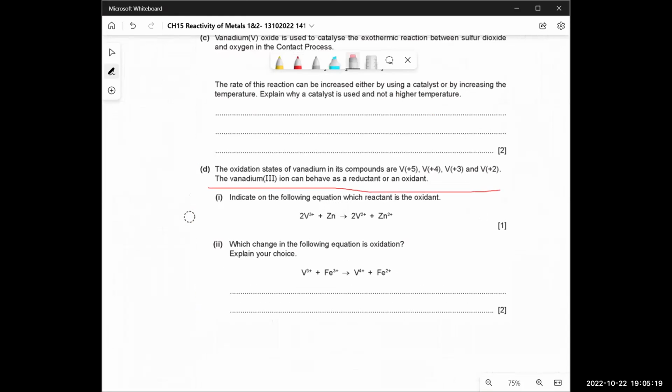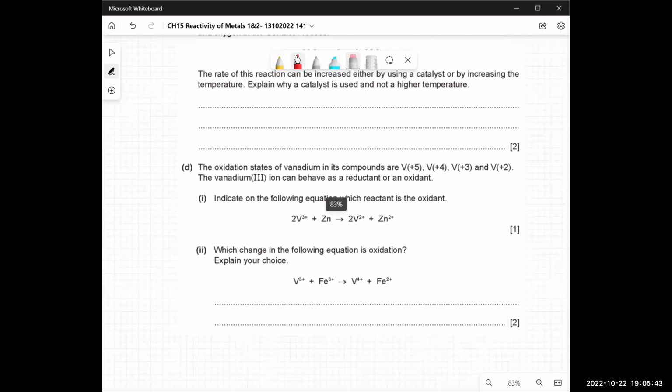Jawan, read. The oxidation states of vanadium in its compounds are V plus 5, V plus 4, V plus 3 and V plus 2. The vanadium 3 ion can behave as a reductant or an oxidant. Well, reductant is the same thing as reducing agent. Oxidant is the same thing as oxidizing agent.